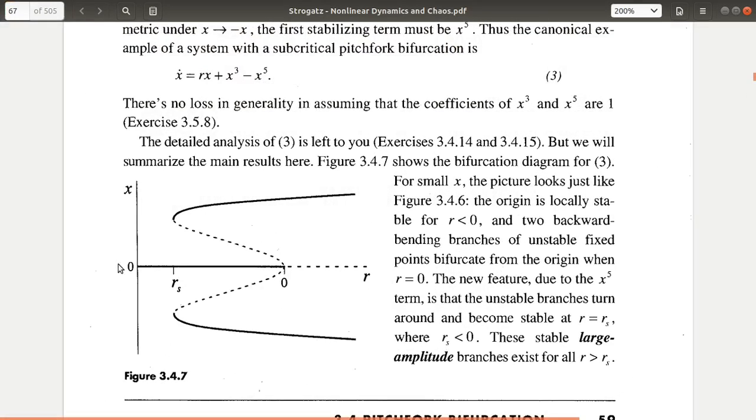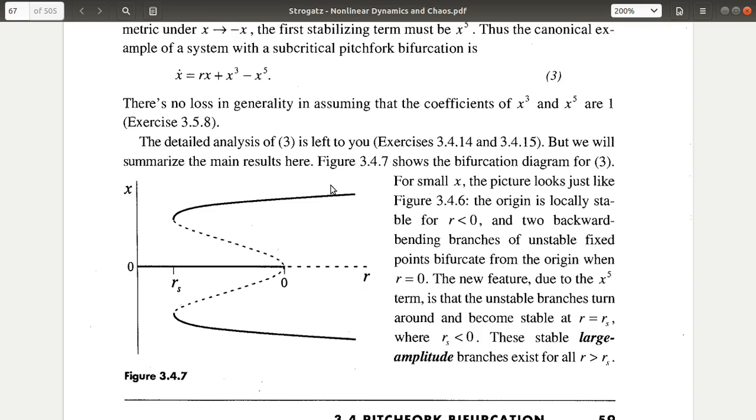So this is your bifurcation diagram, and in this bifurcation diagram, this RS value is the value which we have identified, minus 0.25, right? Where this branch and this branch are unstable and this branch is unstable, where these three branches are stable.